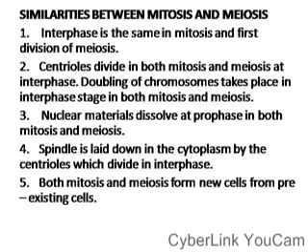Number 2. Centrioles divide in both mitosis and meiosis at interphase. That is, doubling of chromosomes takes place in the interphase stage in both mitosis and meiosis. Number 3. Nuclear materials dissolve at prophase in both mitosis and meiosis. Number 4.